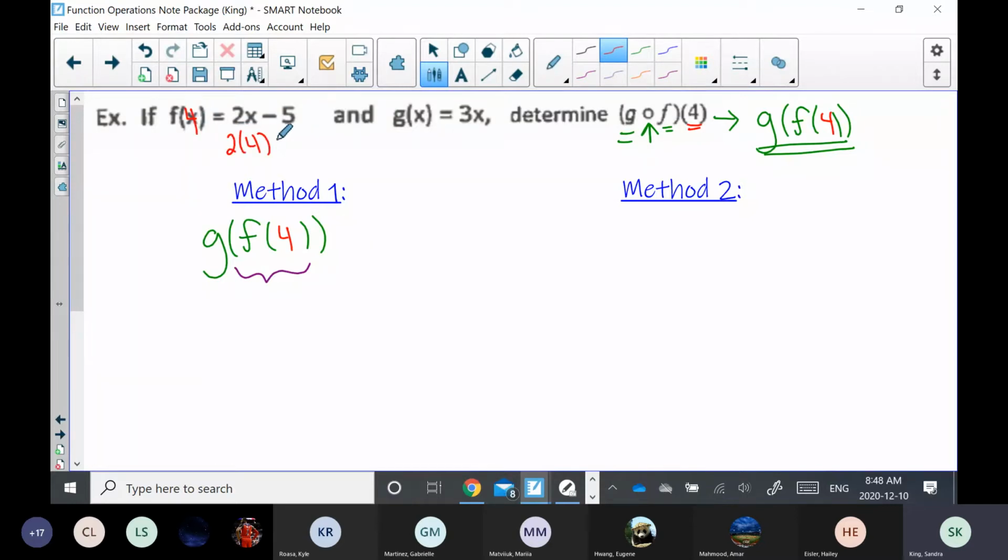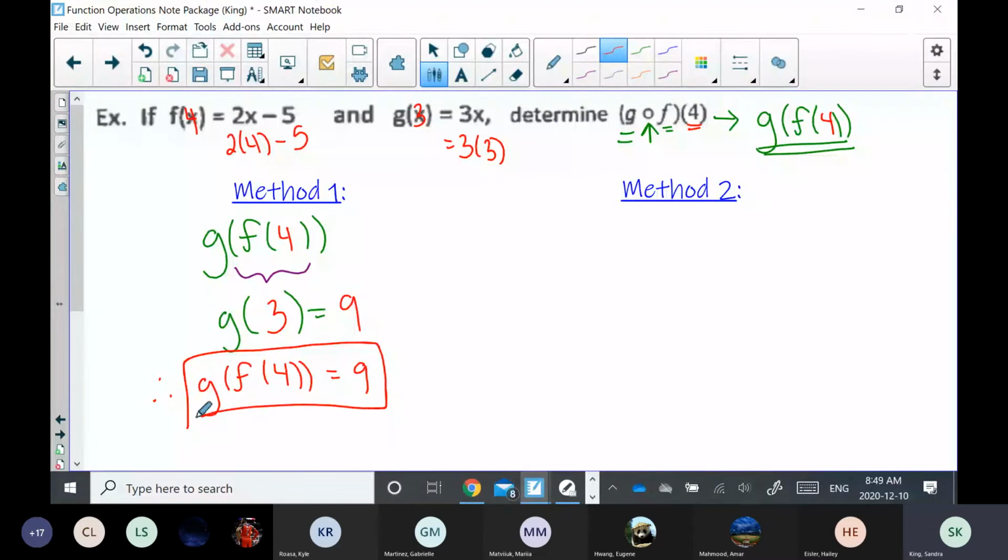So 2 times 4 minus 5. 2 times 4 is 8. 8 minus 5 is 3. So the f of 4 is 3. And then what I need to input is that 3 now into the outer function, which is my g function. So here's my g function. I need to input a 3 here. So 3 times 3 would give me 9. So therefore, the g of f of 4, close 2 brackets, is equal to 9. That is one method we could do.